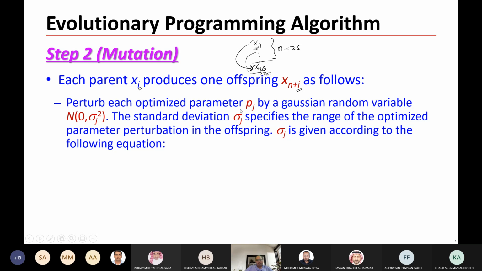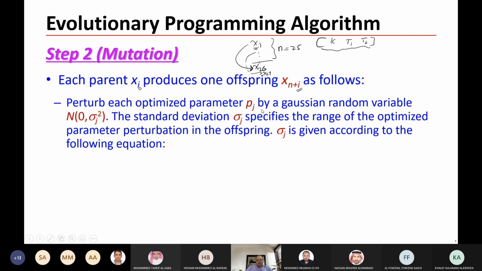Perturb each optimized parameter. You go for each. This solution is K, let us say T1, T2. This is the solution X1. We need to create a child out of this solution.